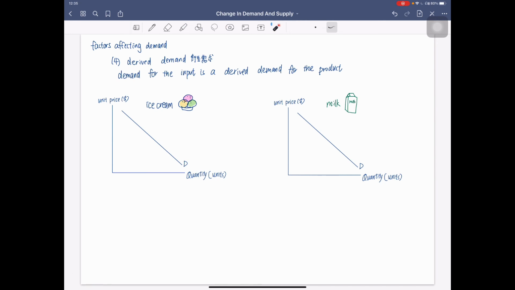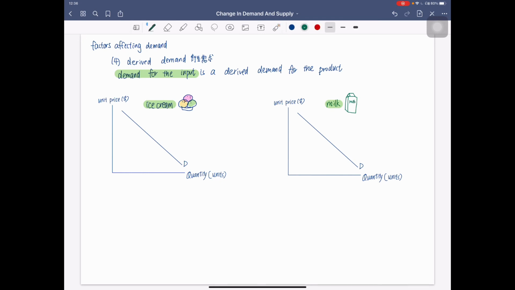The fourth factor is called derived demand. It refers to the demand for an input being derived from the demand for the products. An example will be ice cream and milk. We know that milk is an input of ice cream.